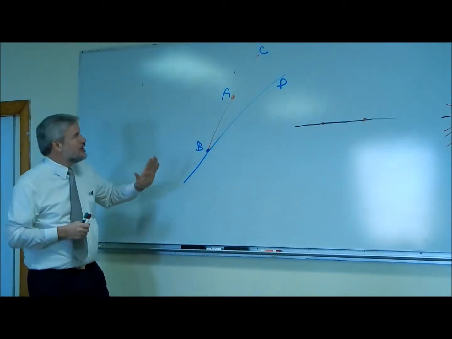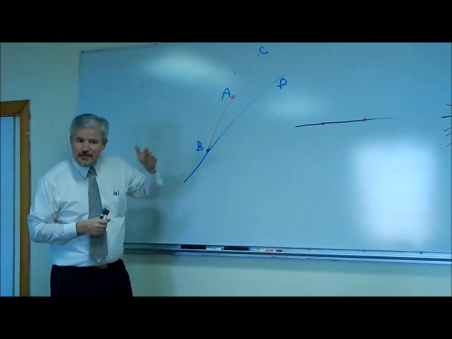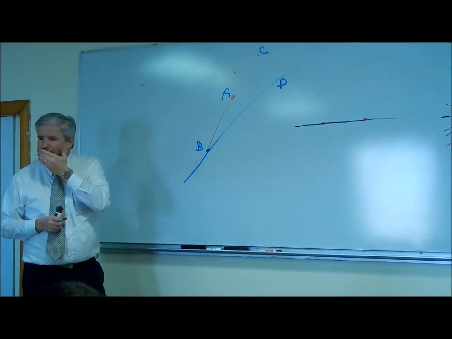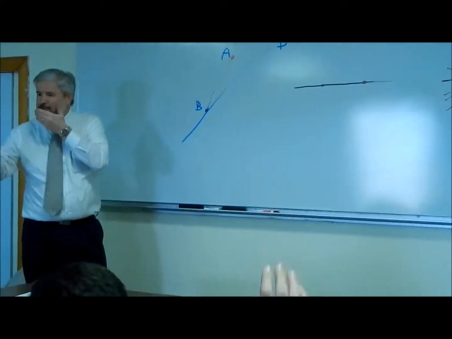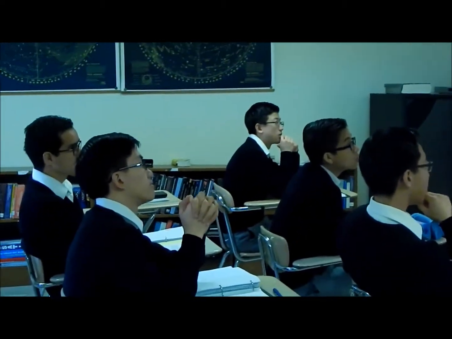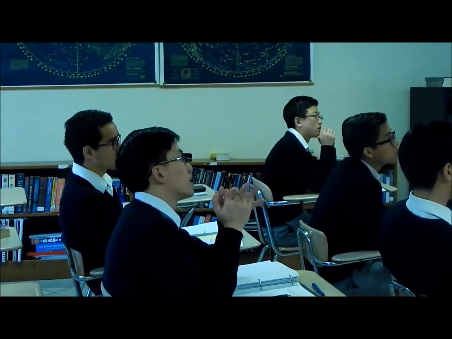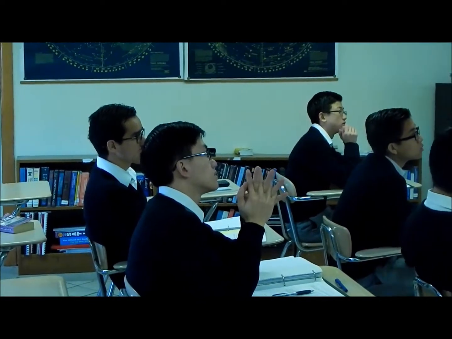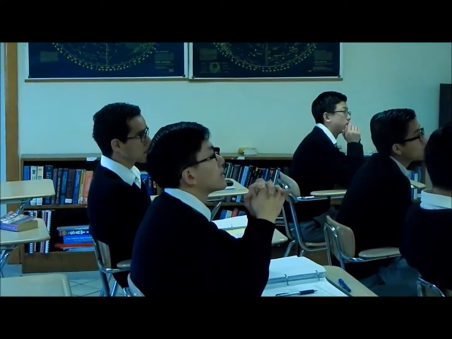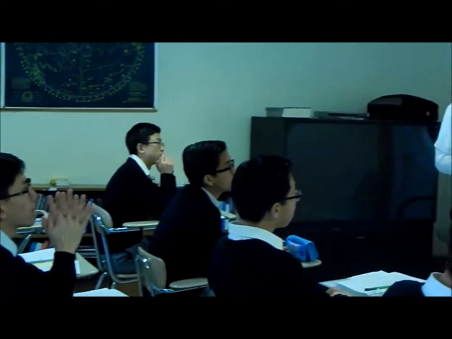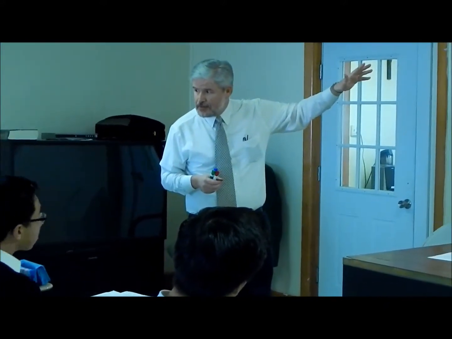The direction of BD. What is BD? Tangent. And so as A approaches B, the direction of the secant approaches the direction of the tangent. Now, that's an introductory idea.